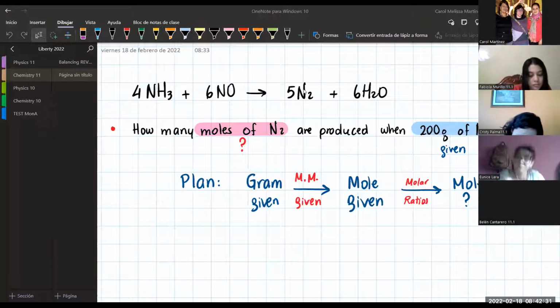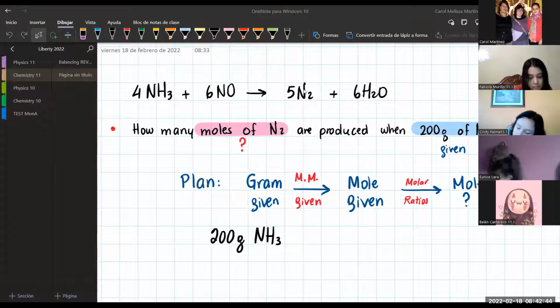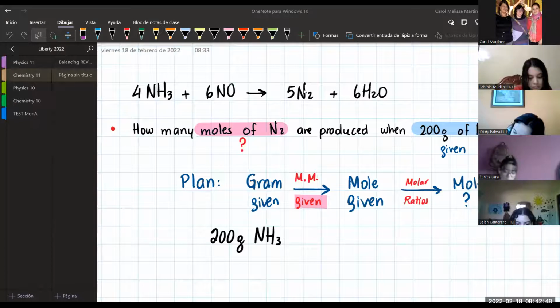So let's start with the grams given. I know that I have 200 grams of my given substance, that is NH3. It says that I need to use the molar mass of the given, so I need to get the molar mass of NH3.